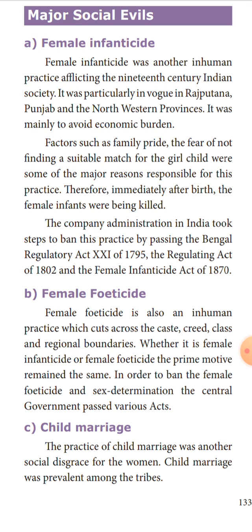But female foeticide means the girl child is killed before birth. People found out whether the upcoming child was a boy or a girl. If it was a boy, they did nothing. If they found a girl would be born, they killed the child before birth. That is female foeticide.